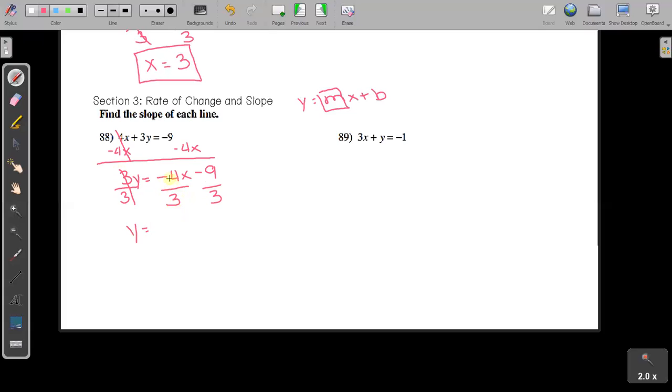We can't divide that, so we're just going to leave it as that fraction, negative 4 thirds x, and then we have 9 divided by 3, and that is 3, but we have the minus sign, so minus 3. So now we have it in the form that we can see what our m is, our slope, which is negative 4 thirds. So our slope is negative 4 thirds.